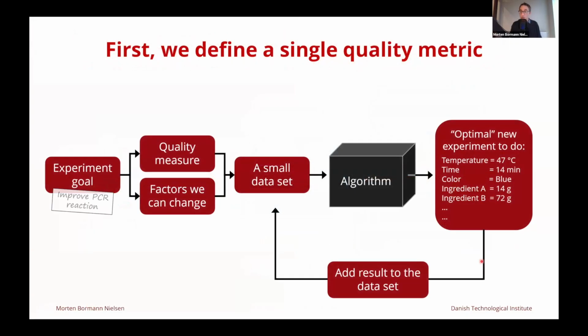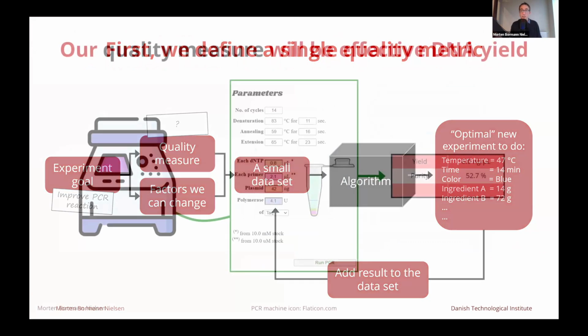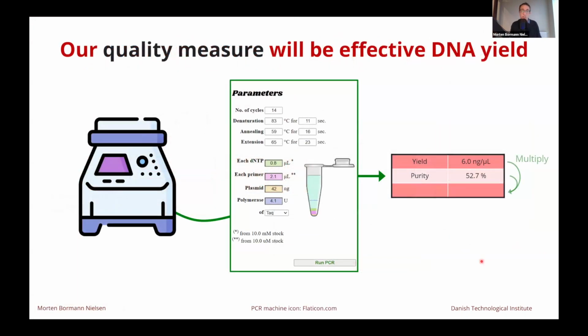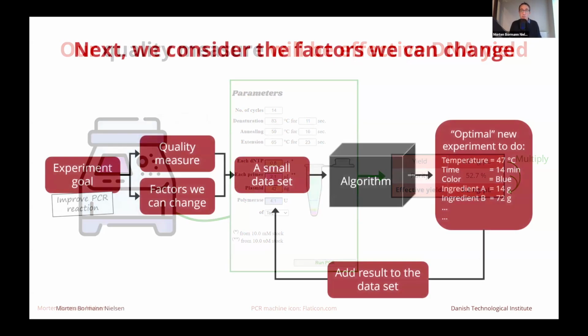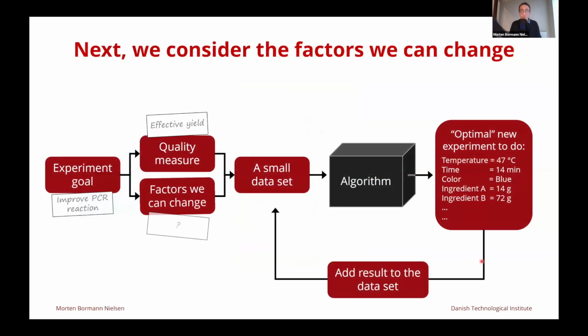So we have to define a quality metric here. And this quality metric is going to be the effective yield of our process. So this produces a little bit of DNA at a certain purity, and the effective yield is going to be our quality metric. Next, we're going to consider what factors we can change.